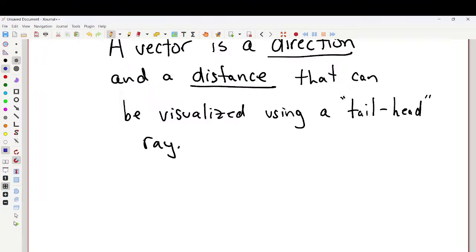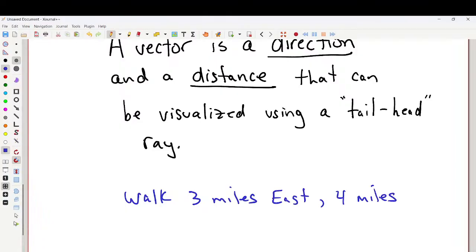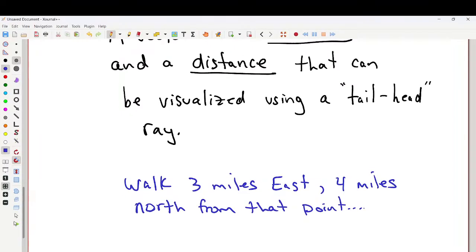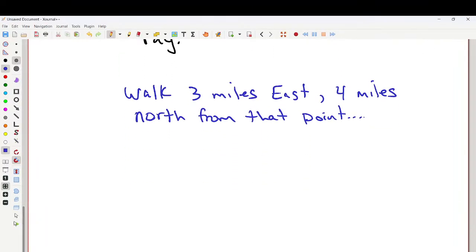So as a quick example, if I walk 3 miles east and then 4 miles north from that point, I'll do something like this.